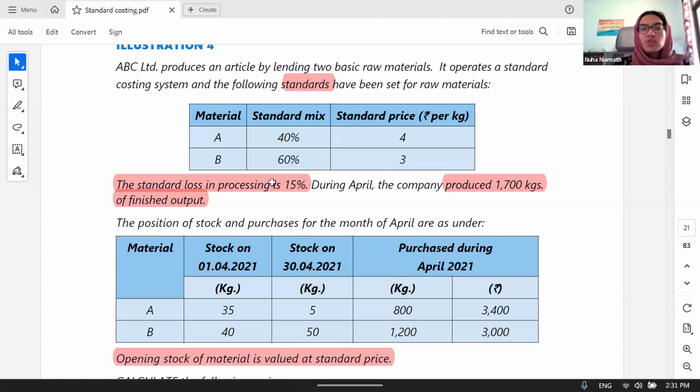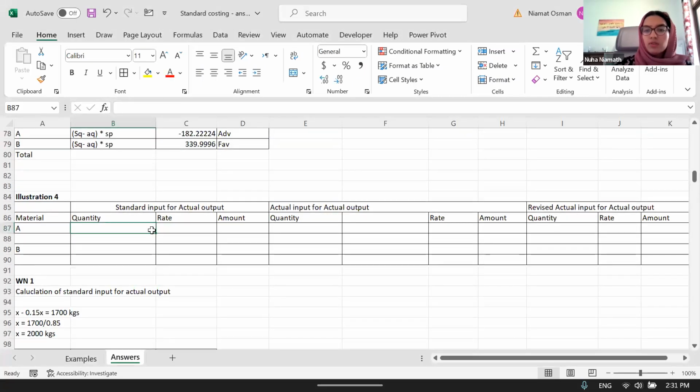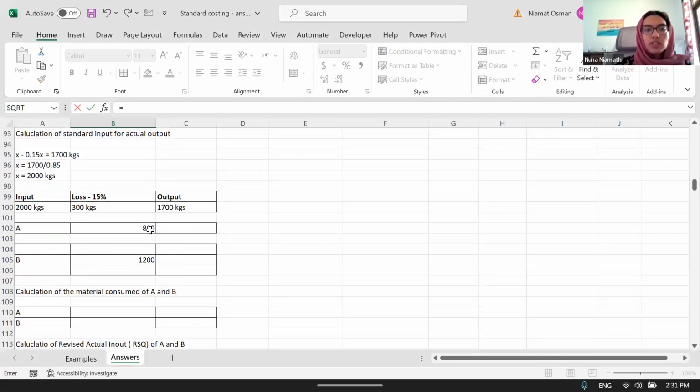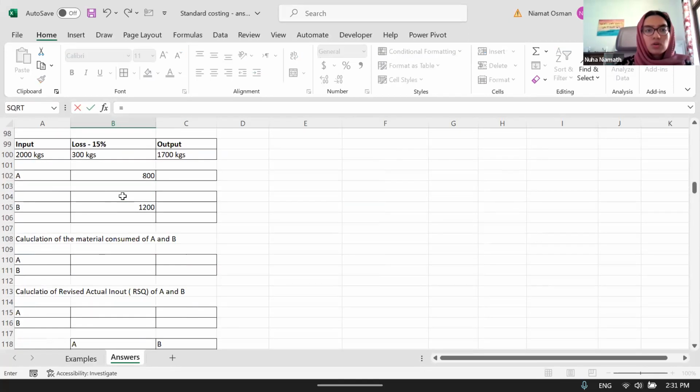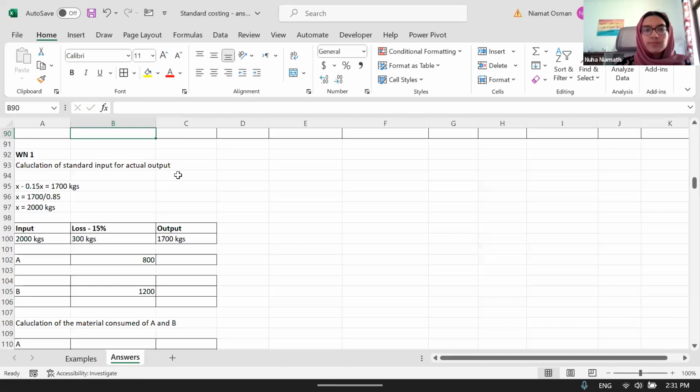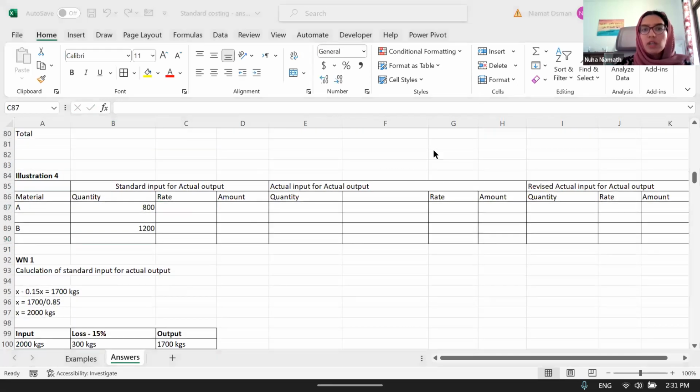Perfect. So let's go here and put in our information. Quantity is 800. Quantity is 1200. Rate is given, 4 and 3.